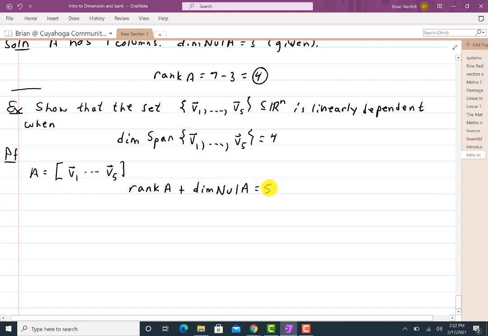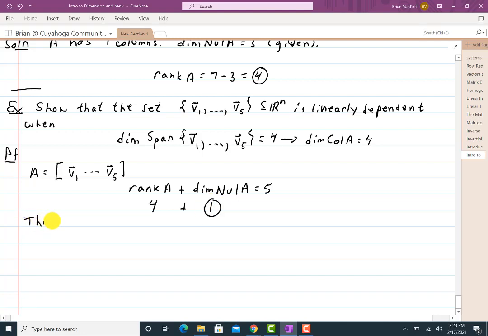And now I know what rank A is because the dimension of the column space is exactly what they're telling you is 4. So let's call the dimension of Col A equals 4. That leaves only 1 left over for null A.